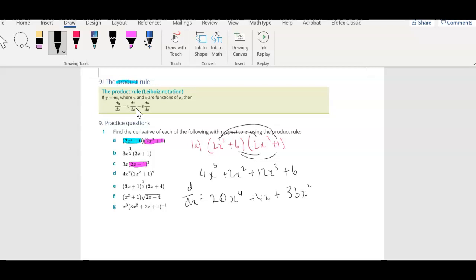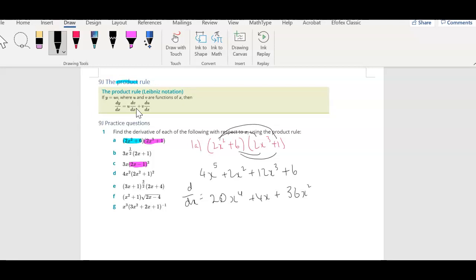You will notice that some functions you can find the derivative multiple ways. For example, this one here, I can expand it and then find the derivative. I don't have to use the product rule. You might come across a few quotient rule type questions, and you can turn them into a function so that you use the product rule. And sometimes there might be cases where you've got the product rule and you can use the chain rule.